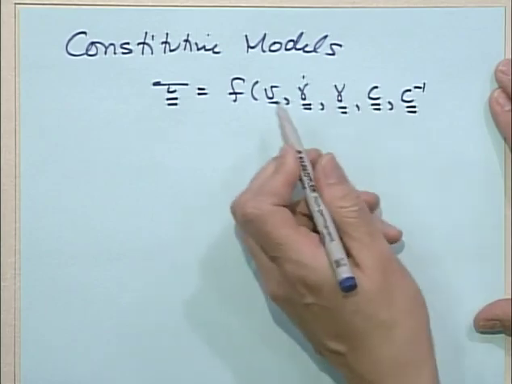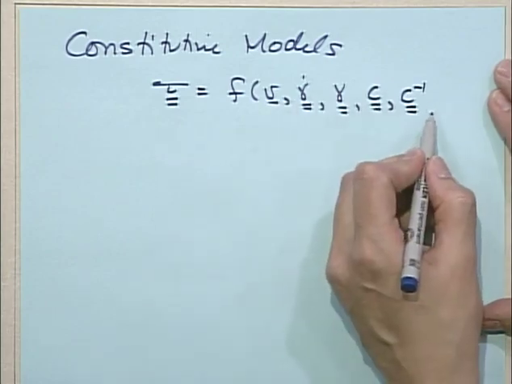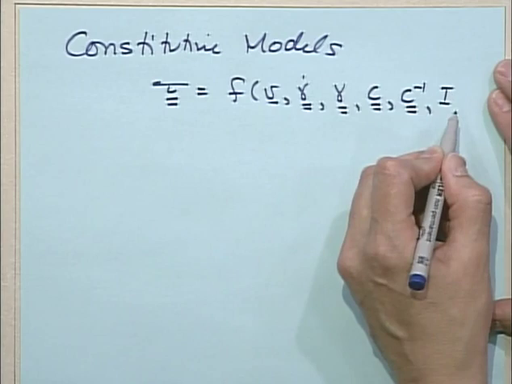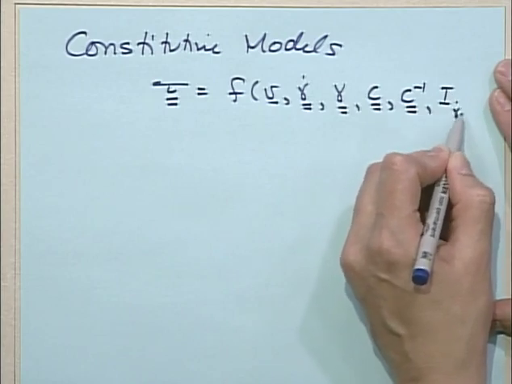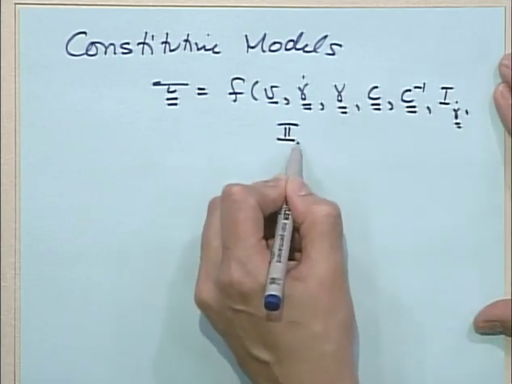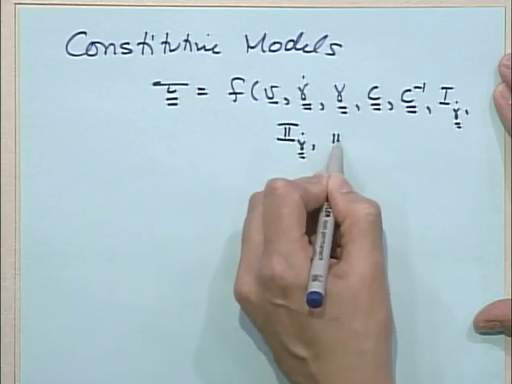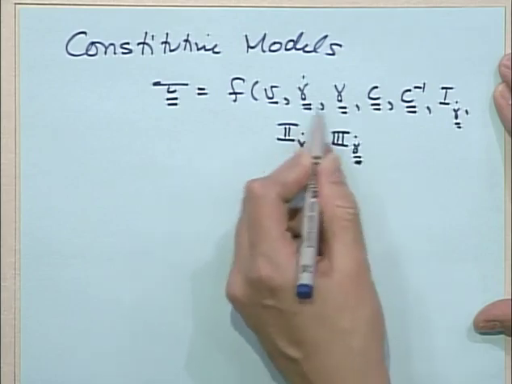The other things that can be in this function are invariants. So we can have the invariants of gamma dot 1, 2, and 3, or the invariants of any of these other things.